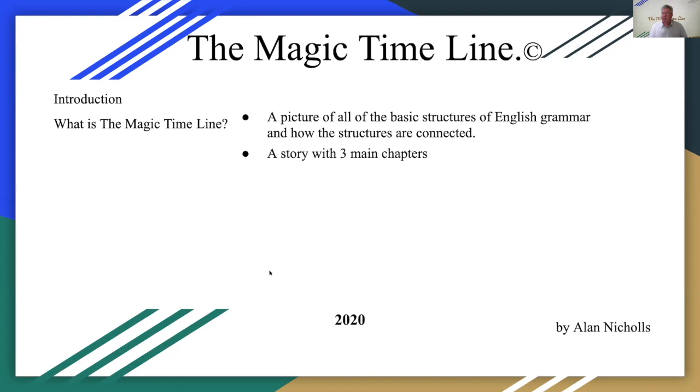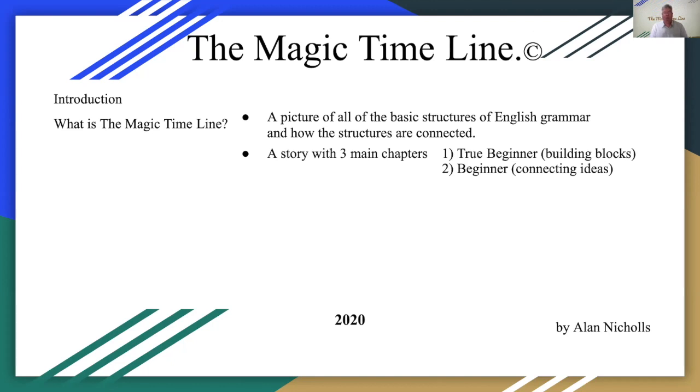The Magic Timeline is also a story, and there are 3 main chapters in the story. The first chapter is the true beginner. This gives us the building blocks that we can use to start communication using English language. The second chapter is the beginner's lesson.